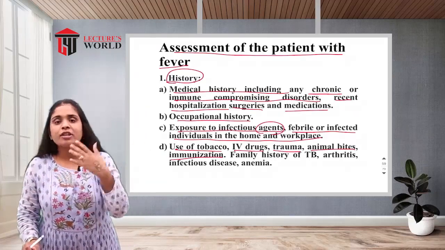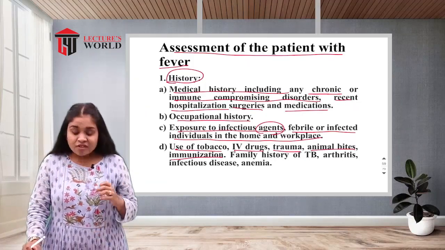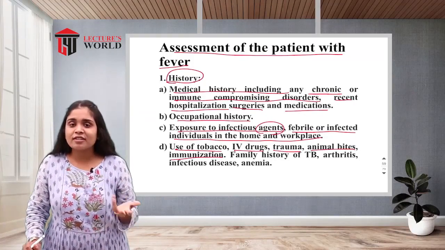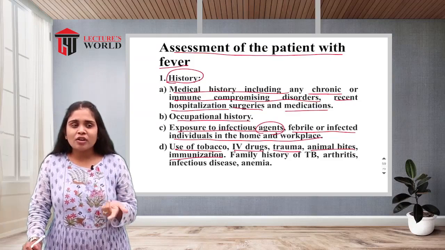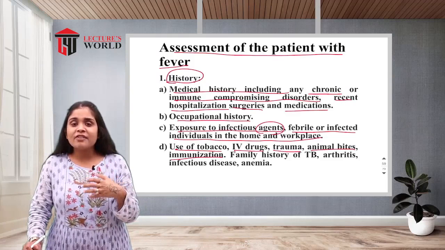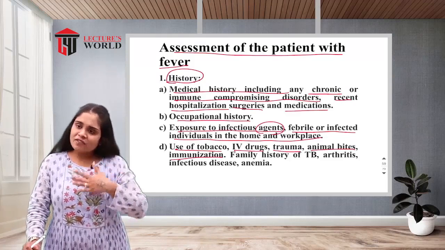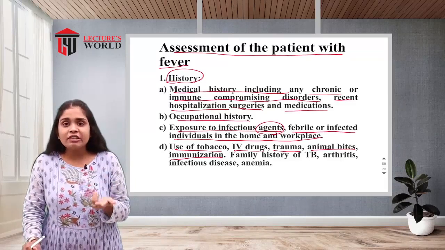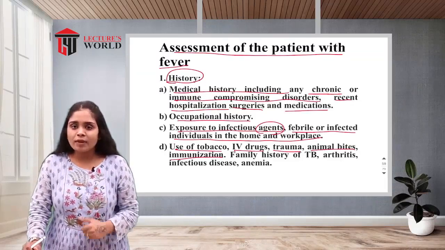At that time the temperature will be rising. Then immunization. There are two kinds of vaccination, and with the live vaccine, they are injecting live bacteria or viruses. So after immunization, when they get the vaccine, they can also have a fever. So make sure you are taking the proper history.